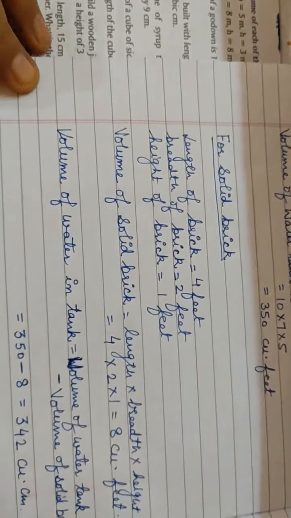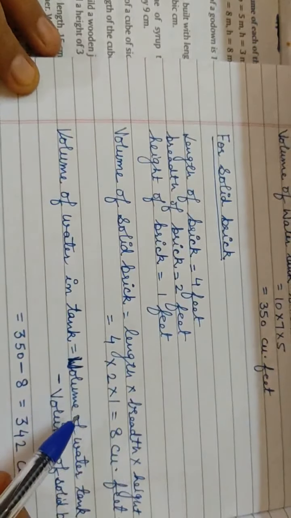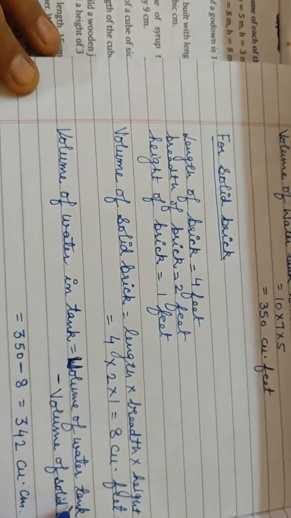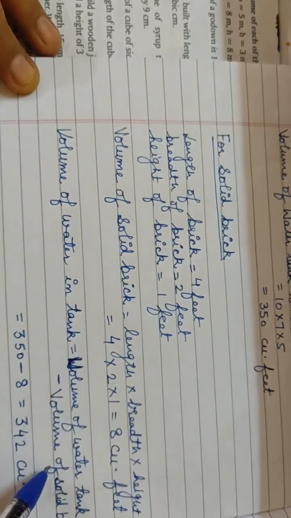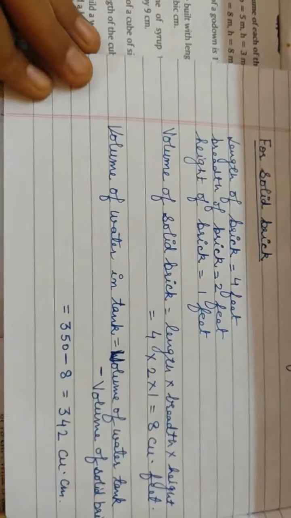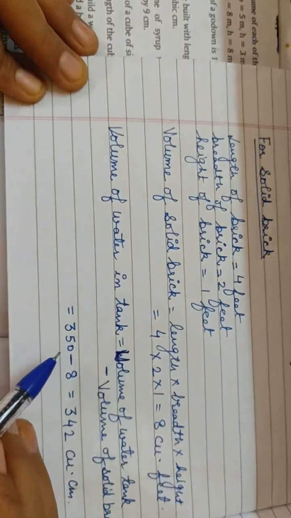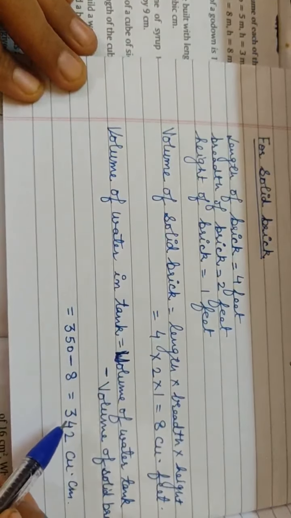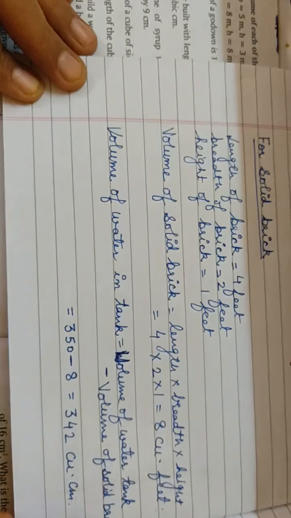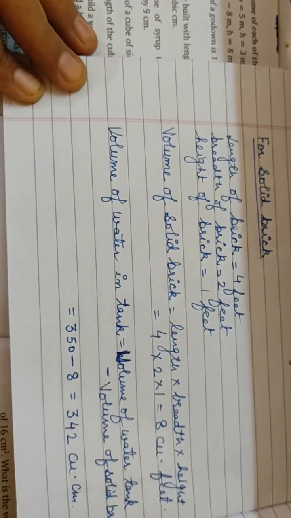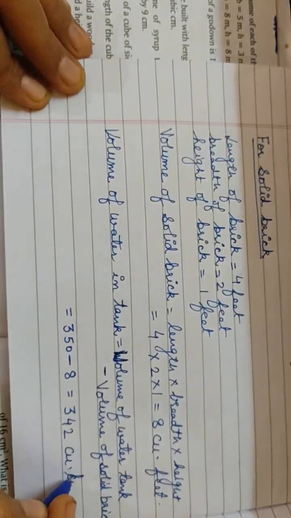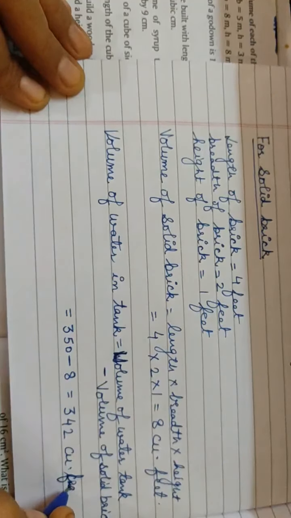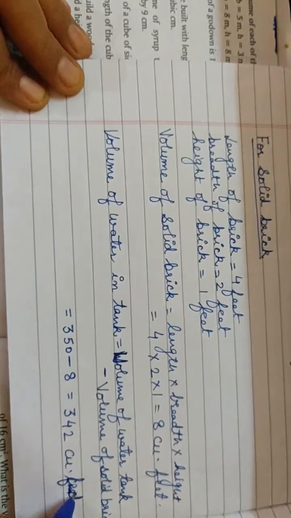So volume of water in tank is equal to volume of water tank minus volume of solid brick. So 350 minus 8, we will get the answer as 342 cubic feet, because all the dimensions are in feet.